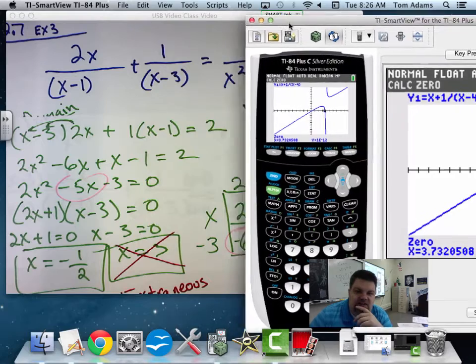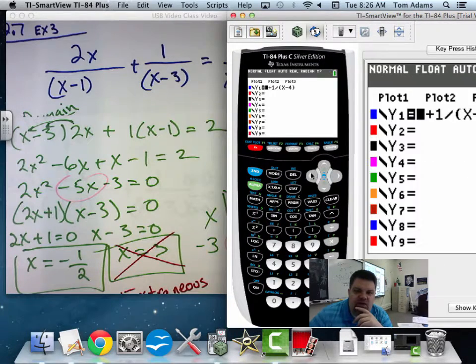What I'm thinking is that I will just graph the left-hand side of the equal sign, which is going to be 2x divided by the quantity x minus 1 plus 1 divided by x minus 3. And I'm going to graph that.